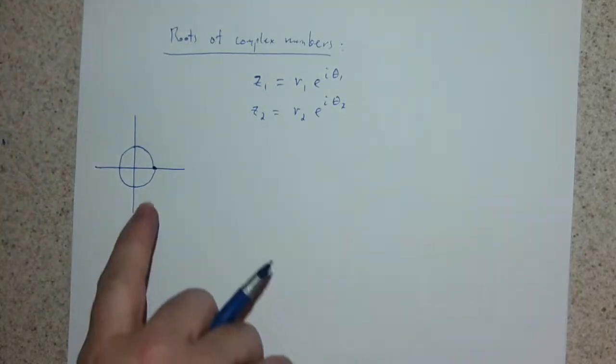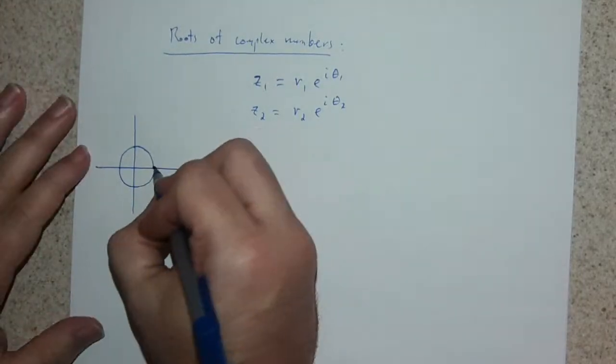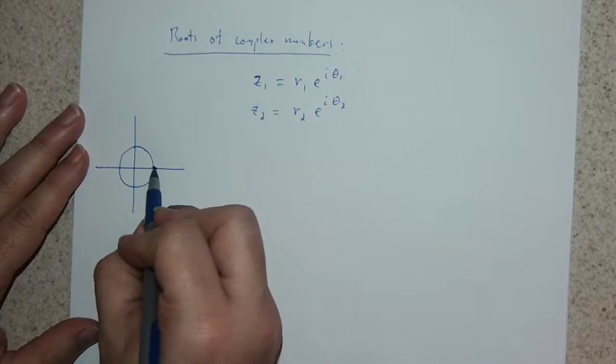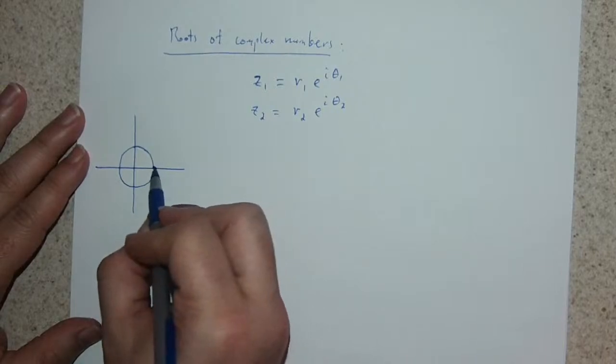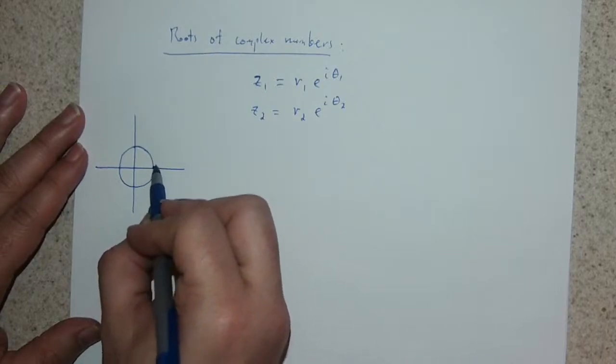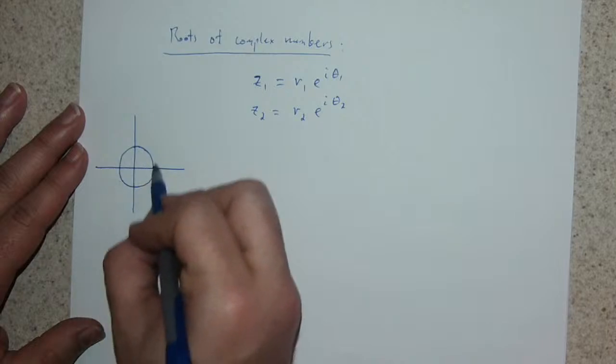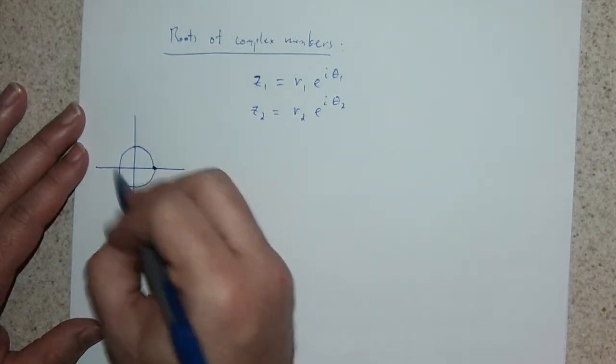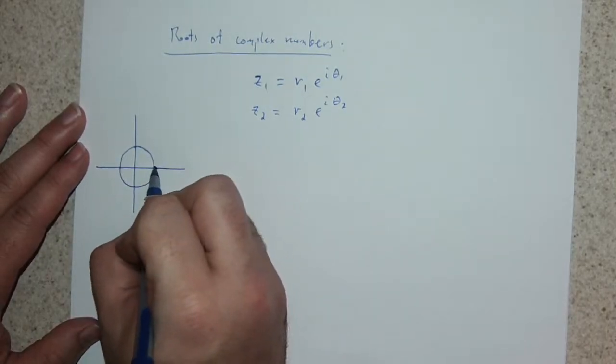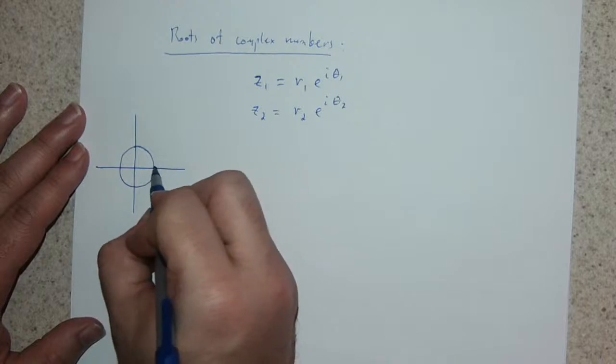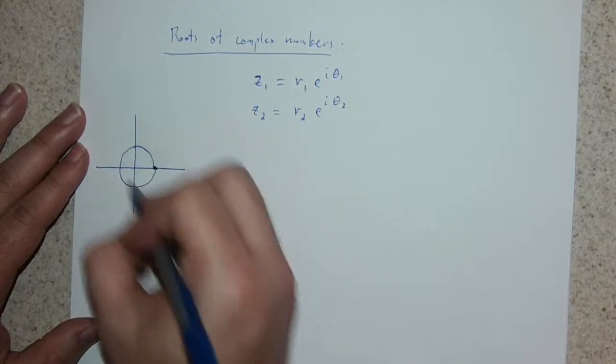Even if z1 is the point R1, 0, as I'm moving around the circle, I can go around it any number of times, and every time I pass through that point, I'm technically at the same point, even though my angular value is different.